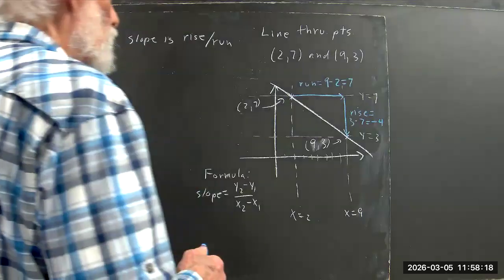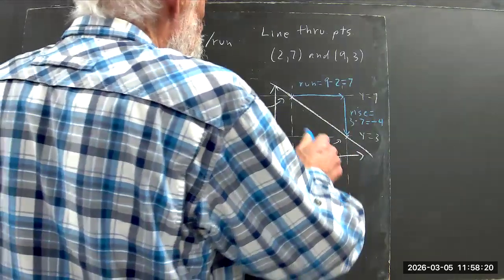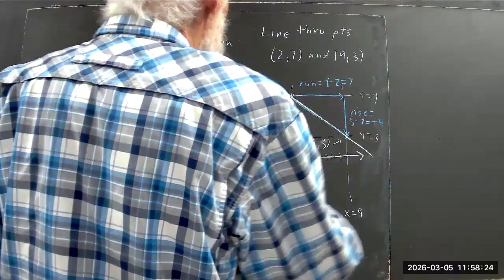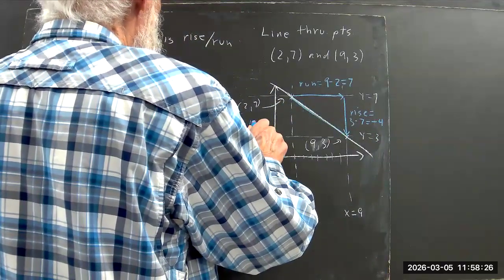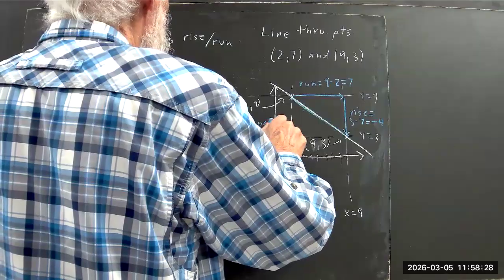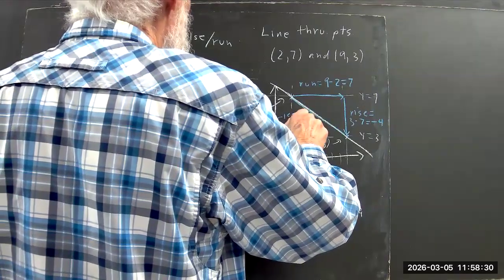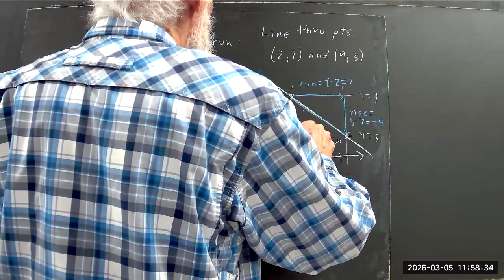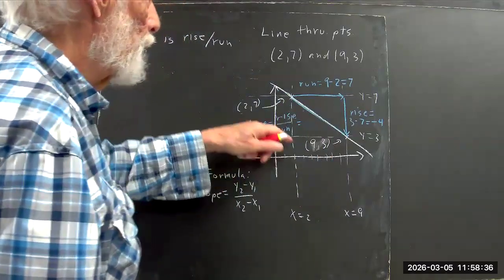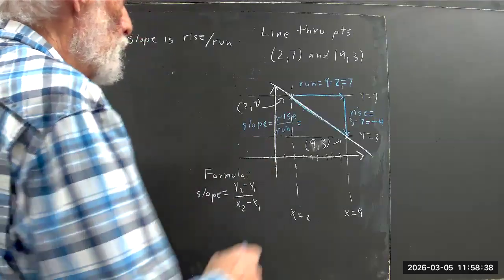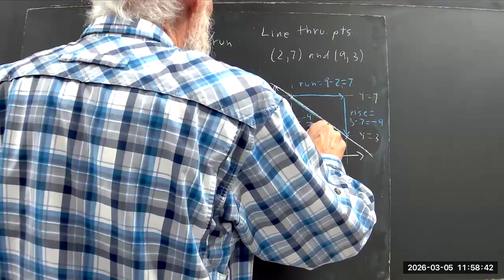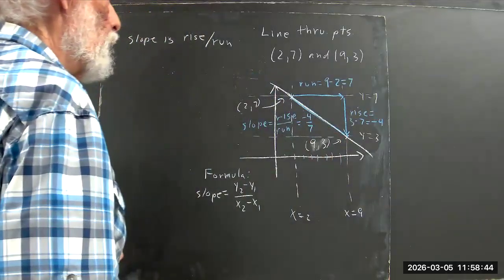And then what I recommend is on your picture, you calculate slope equals rise divided by run, which is negative 4 over 7.